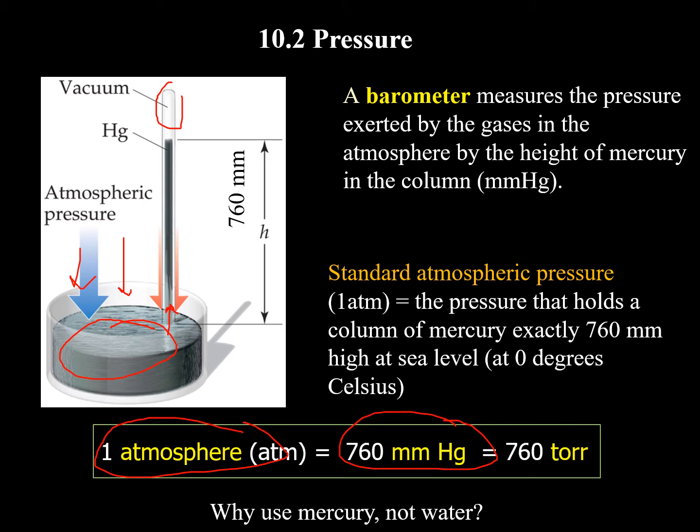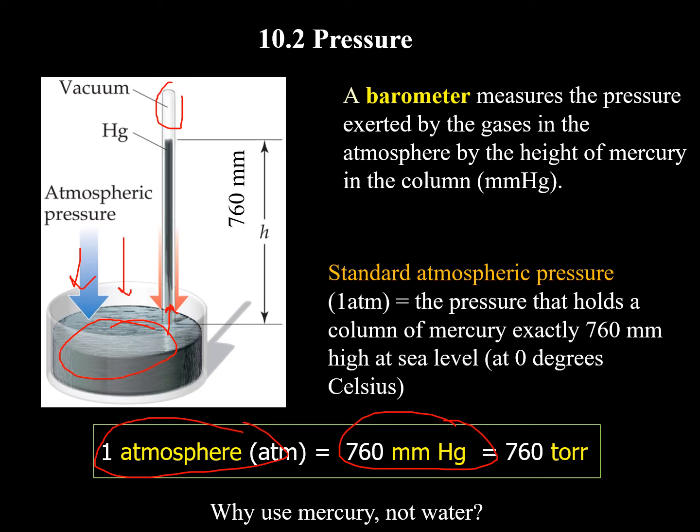We also used mercury before in thermometers, if you remember, to measure temperature. We use mercury in barometers also for convenience, because, as you know, at room temperature mercury is a liquid. Its density is about 13 times greater than water, so the same measurement done with water would be about 13 times greater than 760 millimeters to get the same pressure of 1 atm.